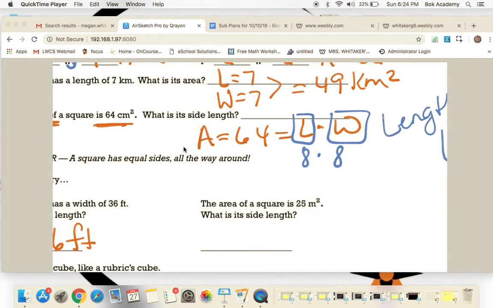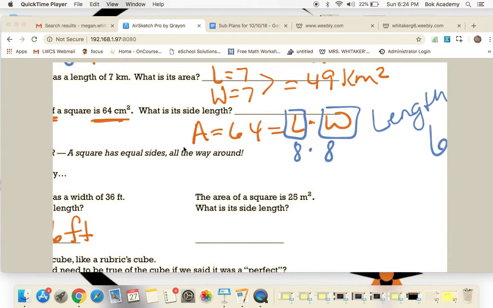Look at the next one. The area of a square, now they're giving us the area, is 25 meters squared. What is the length? Again, if they're giving me the area and it's 25, I know that's equal to the length times the width, and if we're doing a perfect square again, these two must be the same.